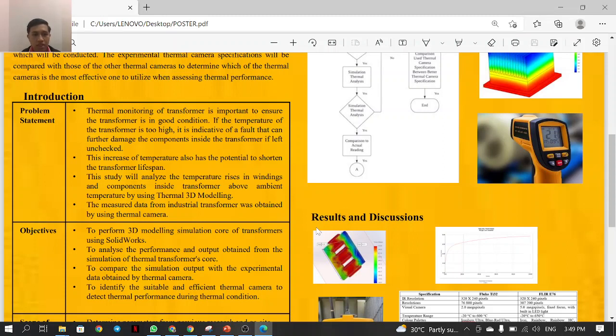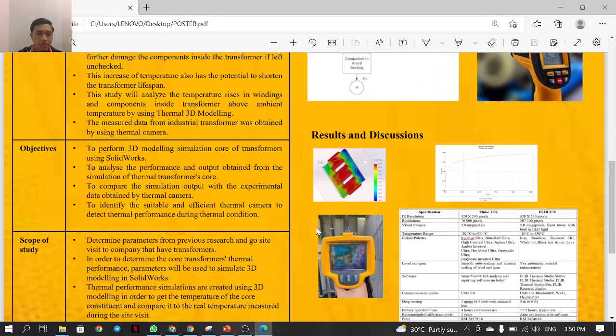The temperature increase also has the potential to shorten the transformer lifespan. This study will analyze the temperature rise in the winding and components inside the transformer above the ambient temperature by using thermal 3D modeling. The measured data from an industrial transformer was obtained by using a thermal camera.